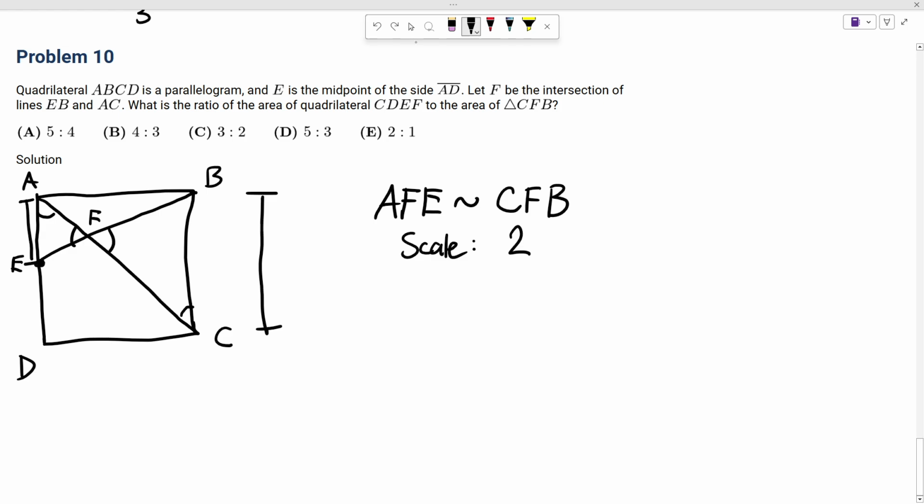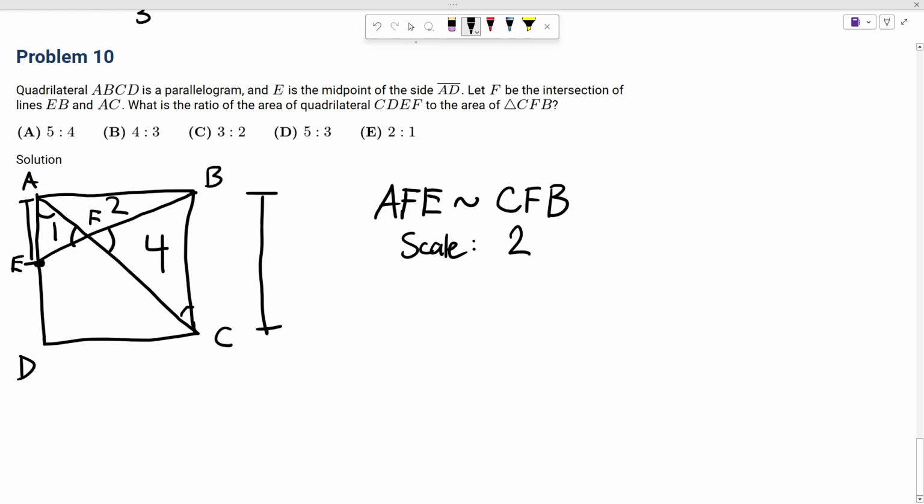This also means that the area of triangle AEF is equal to half the area of triangle AFB, because AEF and AFB have the same height. So let's just let this triangle have area 2 and this triangle have area 4.